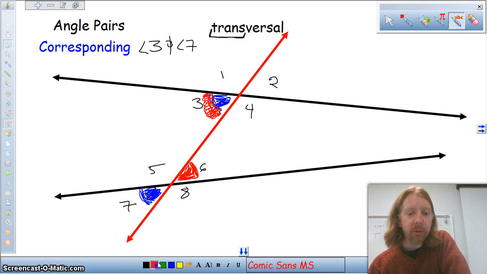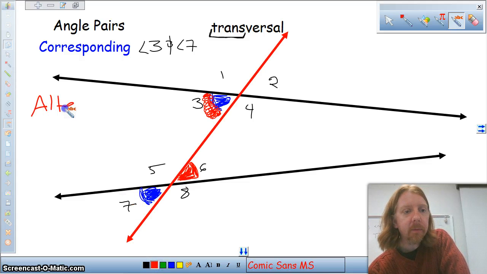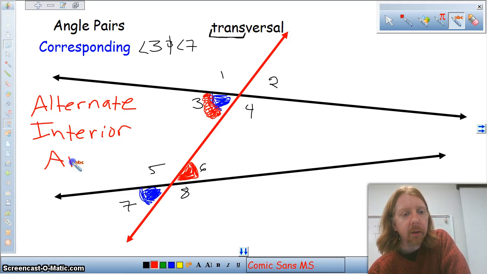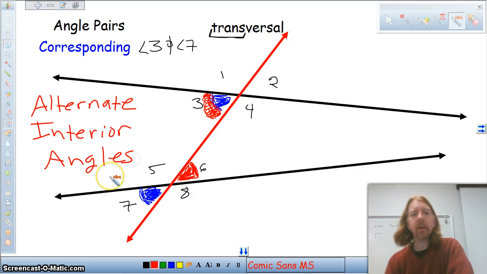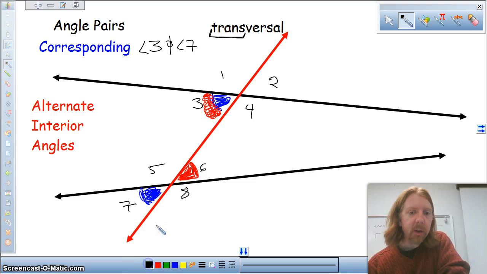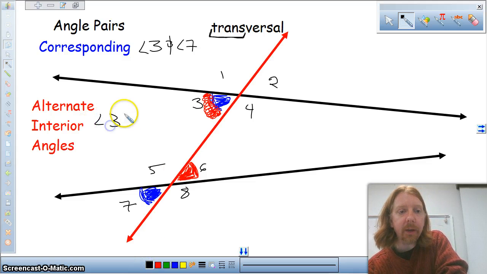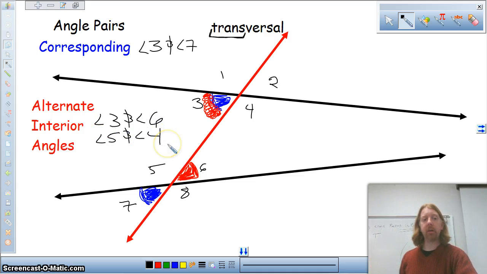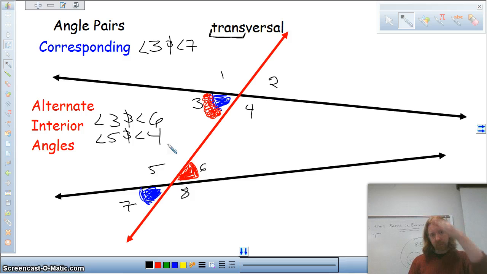So we call those alternate interior angles. And so in this case, those alternate interior angles are going to be things like angle 3 and angle 6. It would also be angle 5 and angle 4. See how they're also still on the inside? And they're on opposite sides of that transversal.